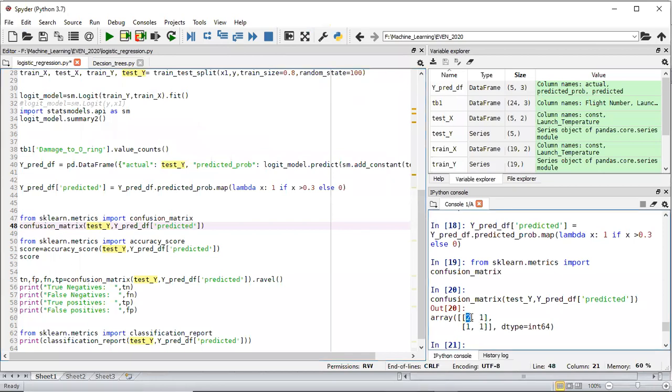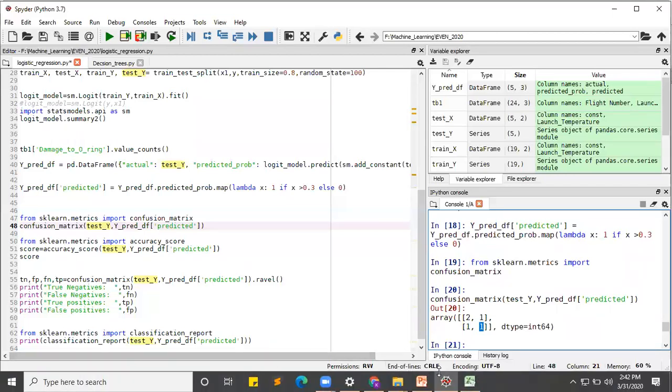My 2 is true negative, this one is my false negative, this one, 0, is a false positive, and this one is true positive. These are the four values I'll be getting.